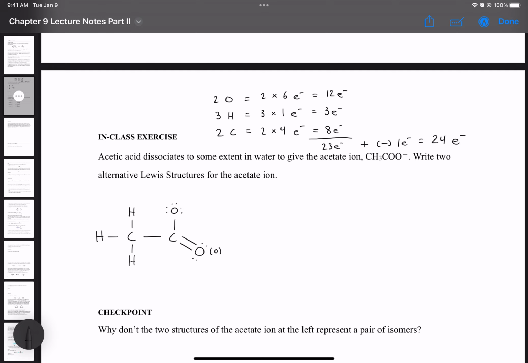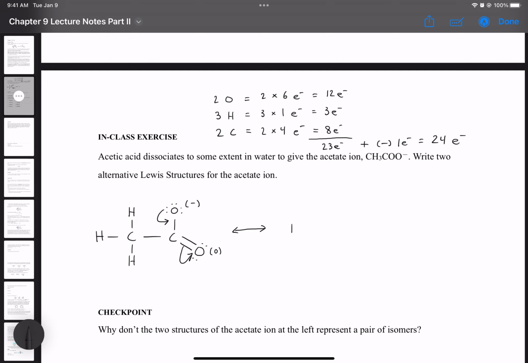The negative charge must be on the oxygen that has a single bond. We have 2 oxygen atoms, and we can also think about putting a negative charge on the other oxygen atom. We can move electrons here, and this gives us a place to draw another resonance structure.